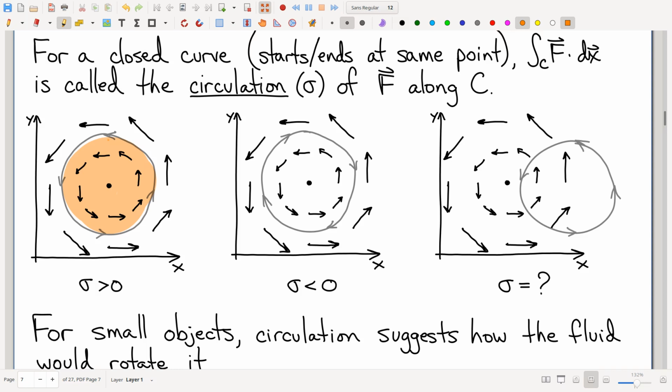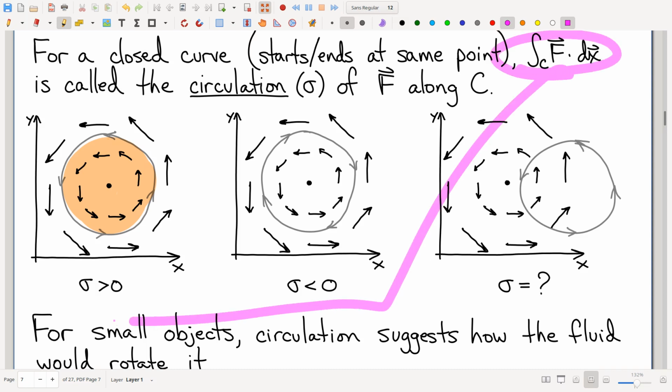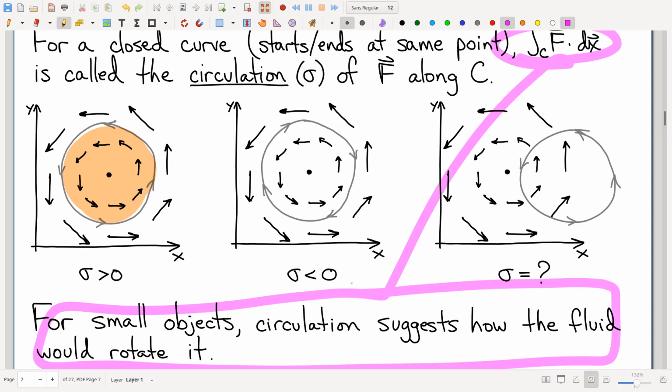It's going to sit there and twist in the same direction that the circulation indicates. So this is a nice interpretation. It's just an interpretation. Don't overthink it. But circulation can be thought of as a way of indicating which direction leaves will rotate in the water.